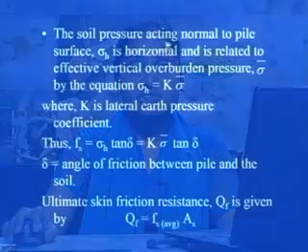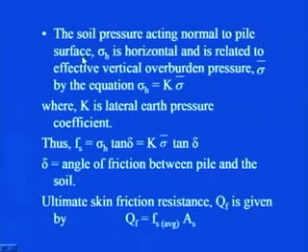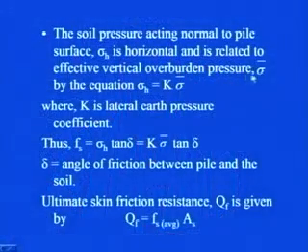The soil pressure acting normal to the pile surface, say sigma h, is horizontal because the pile surface is vertical. So, its normal will be horizontal, and it is related to the effective vertical overburden pressure sigma bar by the equation sigma h is equal to k into sigma bar.